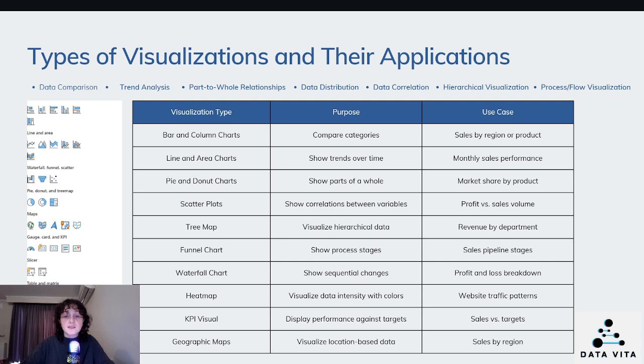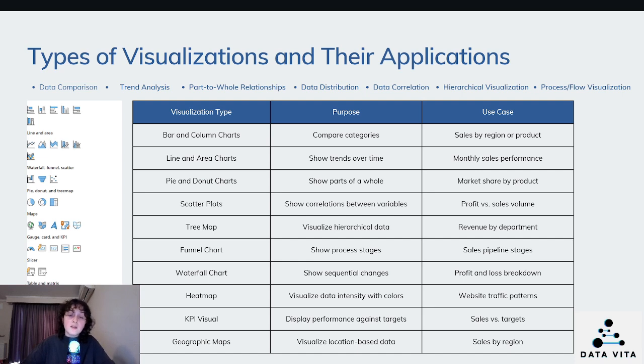Data correlation explains relationships between variables, using scatter plots. Hierarchical visualization explores data structures, and process flow visualization shows the steps in a process, using flow charts and Sankey diagrams. These categories help make your data more impactful and easier to understand.